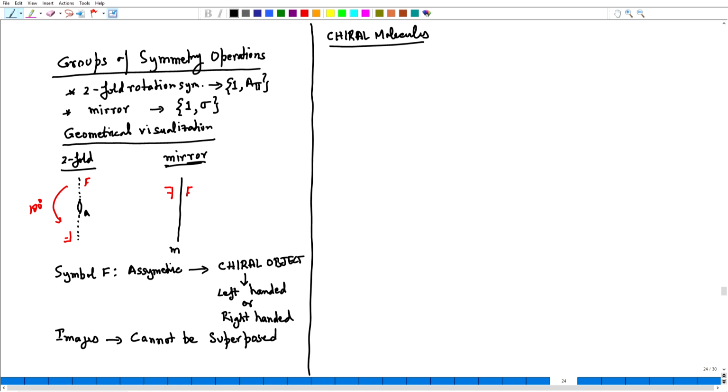But interestingly, nature has a bias towards particular handedness. Some good examples of those are, let us say, amino acids, sugars. They exist in nature in a particular handedness.